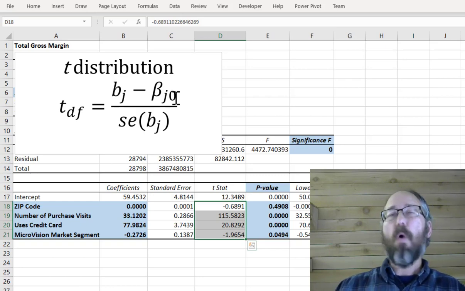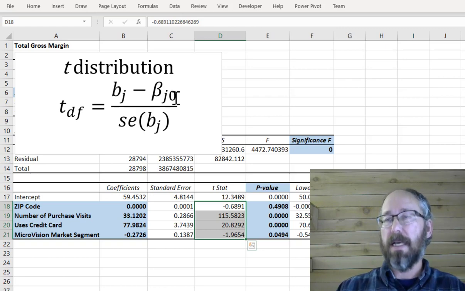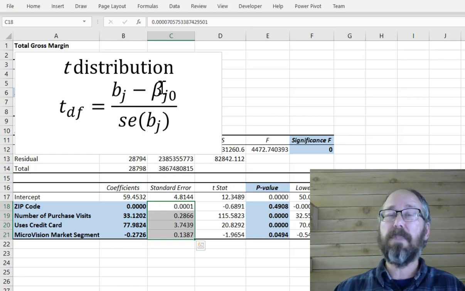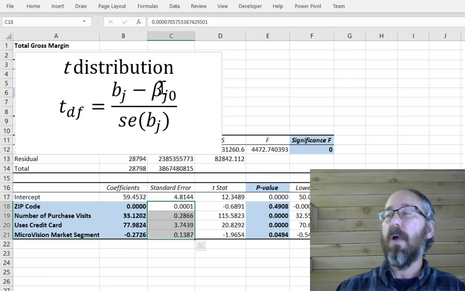And so normally when we're doing a two-tailed test, we plug 0 into this, so the equation is simplified to simply b sub j divided by the standard error. Now the standard error is right here. But once this beta value changes to anything other than 0, this formula and the results change.